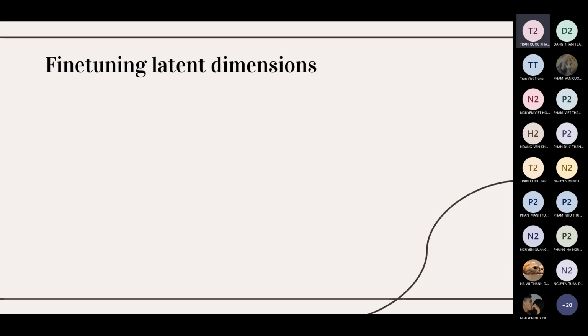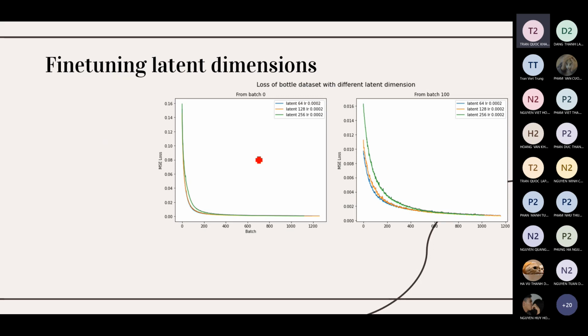And I will talk about fine-tuning the latent dimension. We have three hyperparameters, the latent dimension here: 64, 128, and 256. And you can see the latent dimension 256 is quite not good.